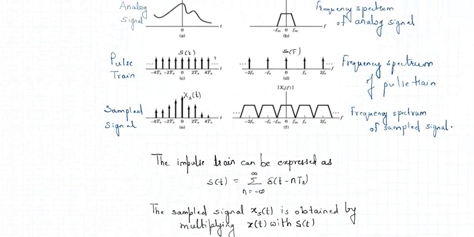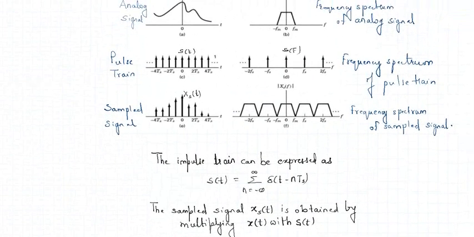It means that if this is the impulse I'm talking about, the output of this impulse when multiplied with the CT signal will be the magnitude of that CT signal at the point of sampling. So the product of this train of impulses with the CT signal gives me nothing but the samples, which are equal to the magnitude of the CT signal.